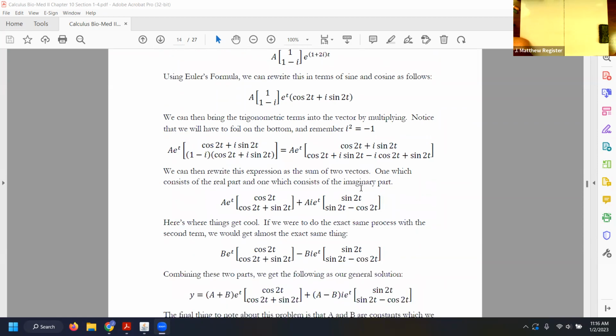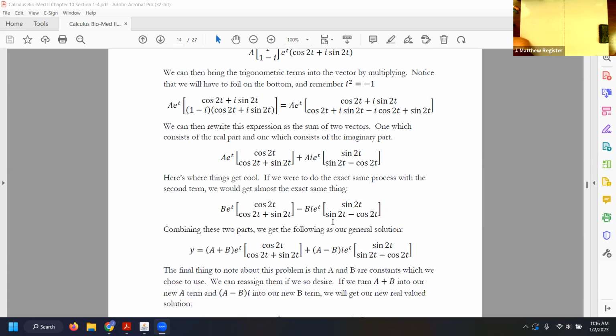But we can break it apart so that we have a real component and an imaginary component. Our real component is going to have the cosine of 2t, and then the cosine of 2t and the sine of 2t. Our imaginary component is going to have the i sine of 2t, then the i sine of 2t, and the i cosine of 2t term.